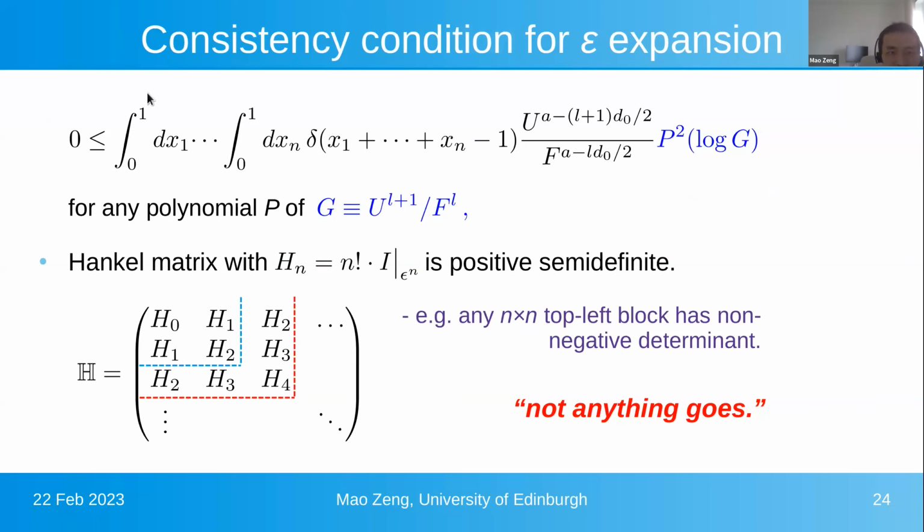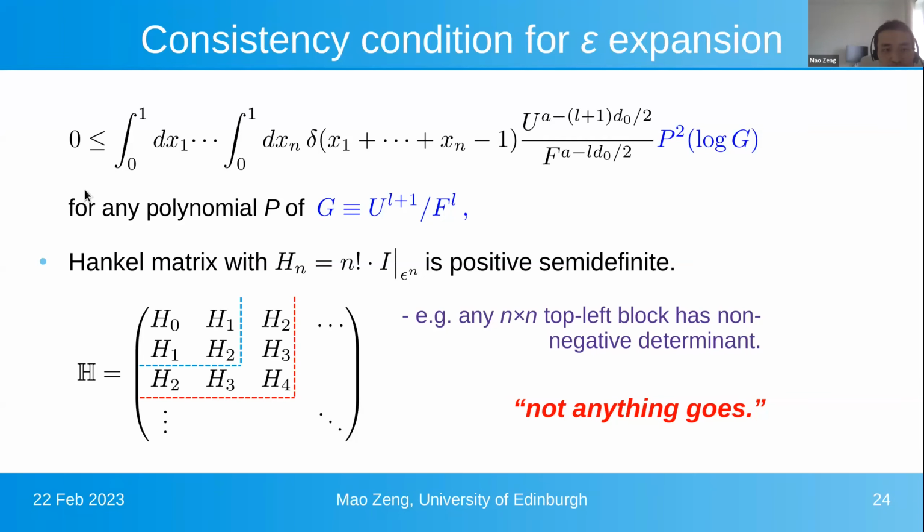In this case, the entries of the matrix are simply identified with the coefficients of the epsilon expansion. Specifically, I write down a matrix in a very special form, which is called a Hankel matrix by mathematicians. The first row is H0, H1, H2, where H is just some sequence. The second row is still the same sequence, but with an offset: it starts with H1, goes to H2, H3.